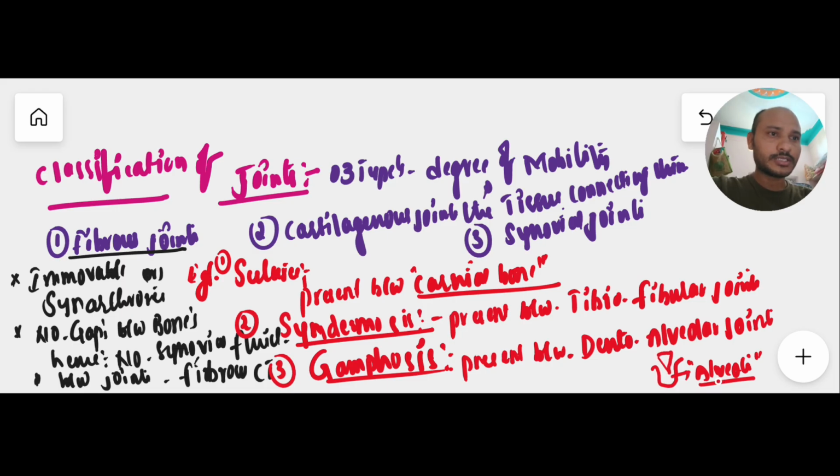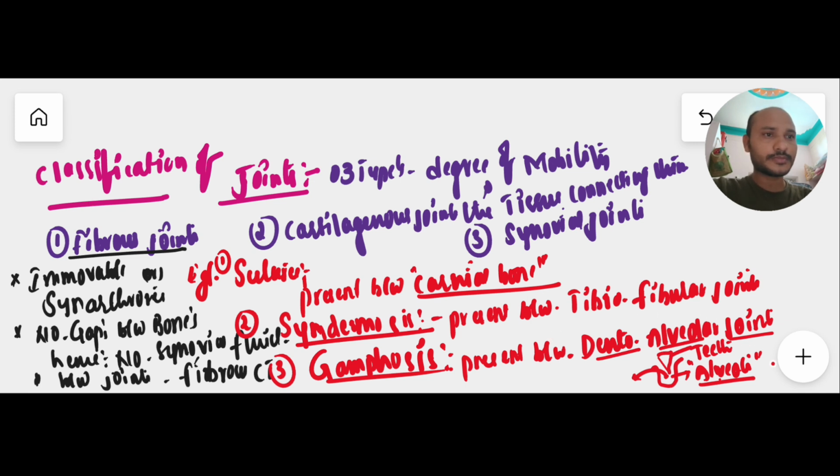So this is the alveolar joint, the joint between the tooth and the alveolus. The alveolar socket is the socket of the tooth. So these are the different types of fibrous joints: sutures between cranial bones, syndesmosis between the tibia and fibula, and gomphosis between the tooth and alveolar socket. So this is all about fibrous joints.